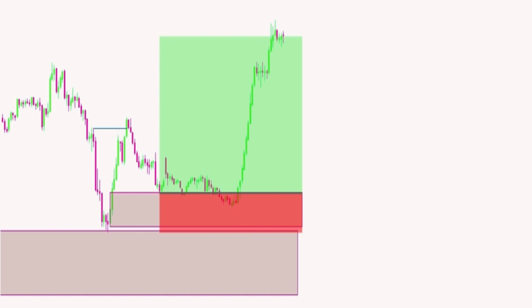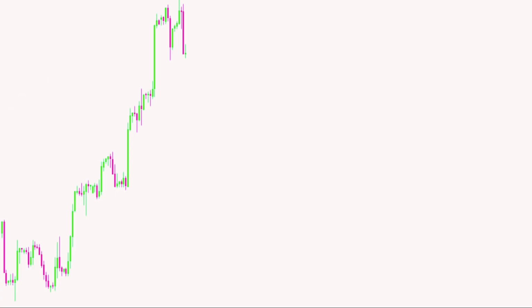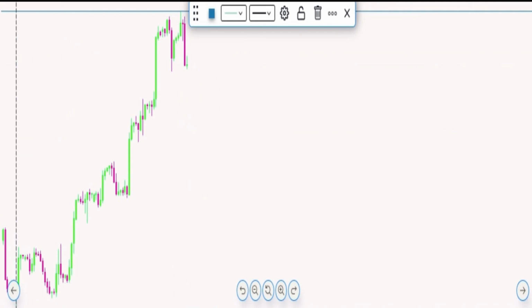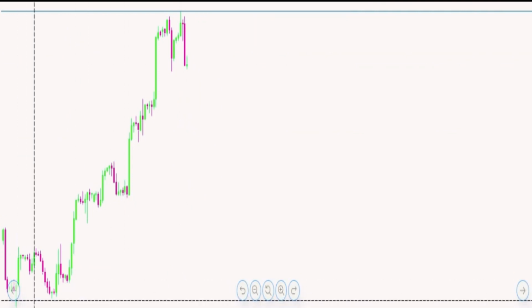Now let us see one more example of this multi-time frame analysis strategy. So, here we have the Euro-Australian dollar chart on daily time frame. And as you can see that the price is moving between the range of this high and this low. And thus, we would draw these zones on our chart, and then we would switch over to the 4-hour time frame in order to plot the order blocks into our chart.